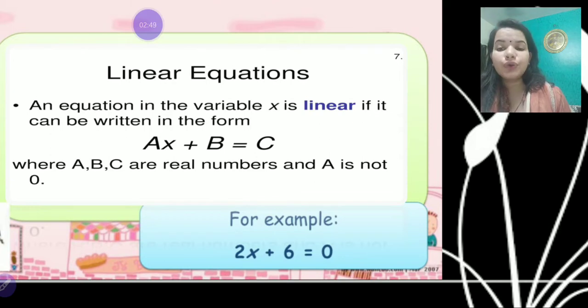We have used 2, 6 and 0 in place of a, b and c, right? All three are real numbers and x is the variable, one variable with power 1. So that's why it is a linear equation with one variable. Clear? I hope the definition of linear equation is clear to you now. The variable should have power 1.